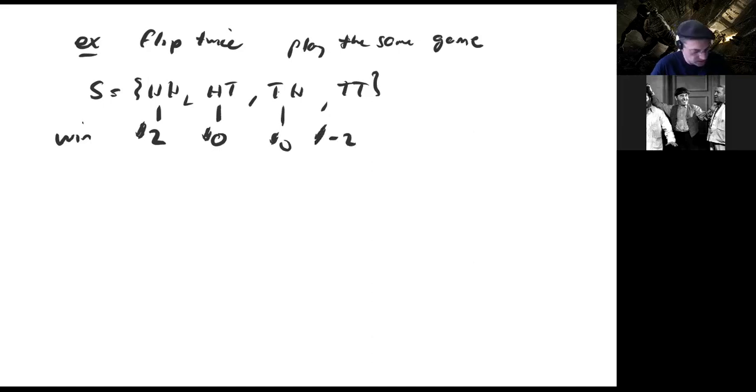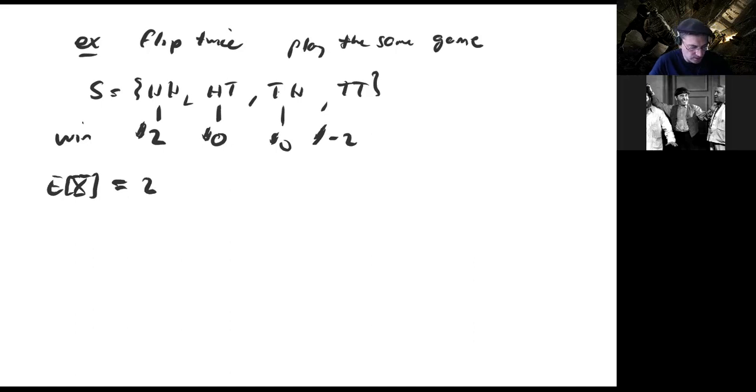Okay, so what's the expected value of this game? X is the outcome of my 2 bets. I bet each time I play, so I play twice. So what is it? Well, it's going to be 2 times, so what's the probability?